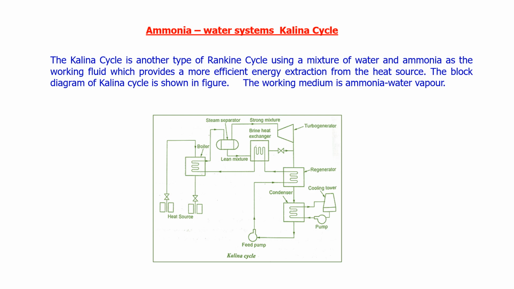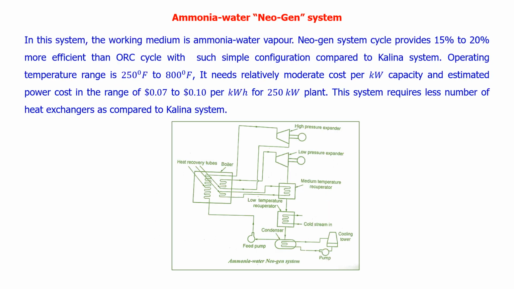This is also used in geothermal and other applications. The same working medium, but here we have Neogen, that is small in size. It is not as complicated as the ammonia water mixture, but it is a somewhat simplified cycle compared to the Kalina cycle.